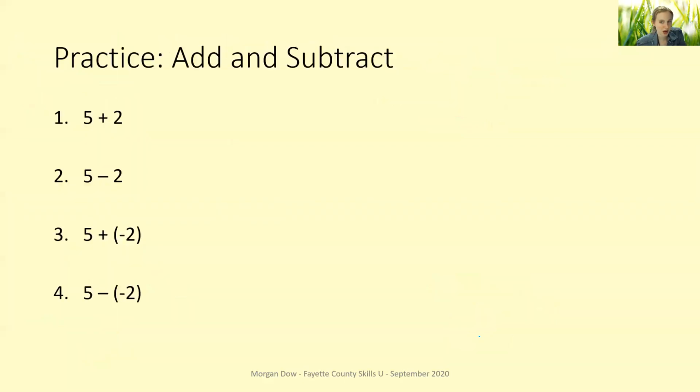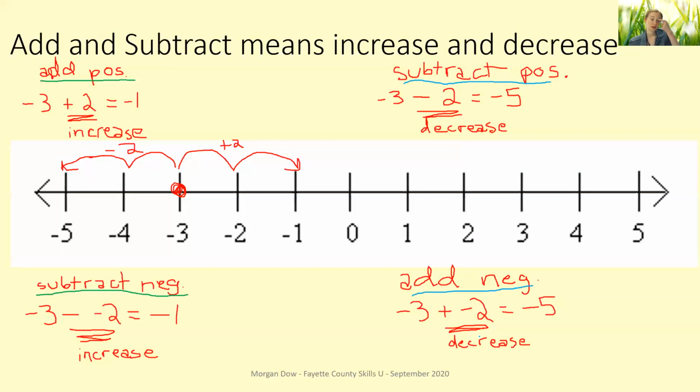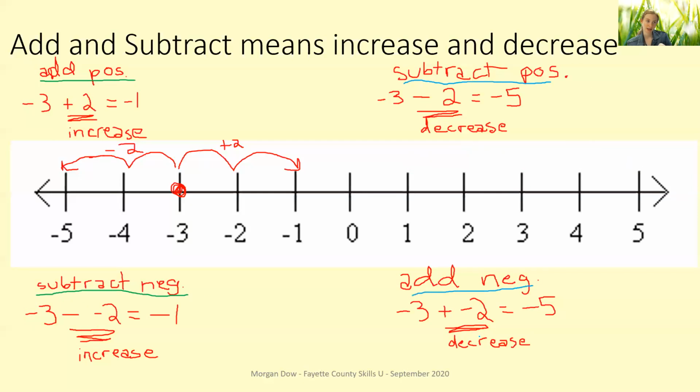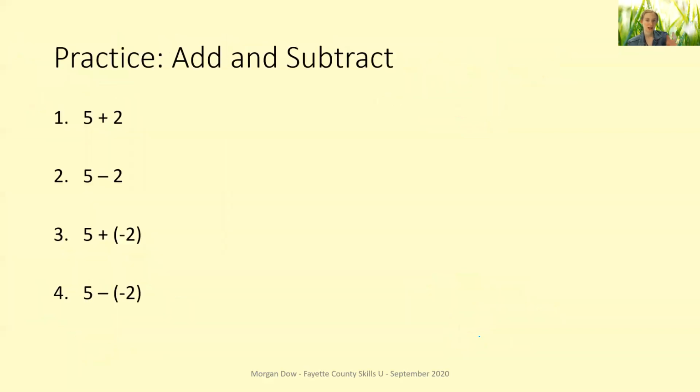So let's get some practice here. Take a moment. I would highly recommend that you copy down what we did on these 2 slides together. Copy all that information down as best you can, and then give these practice problems a try. After you try them, I would recommend double checking your answer on the calculator.